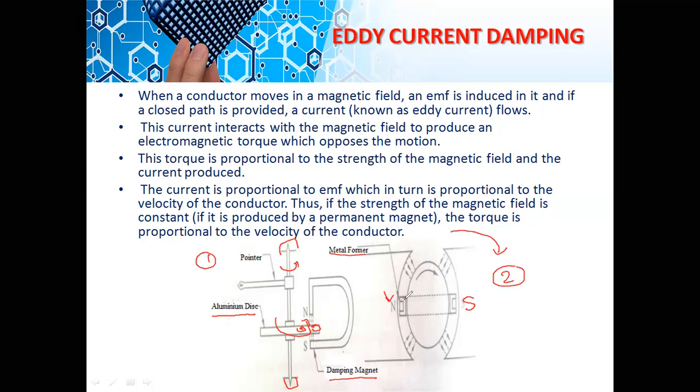So this metal former will act like a conductor. So in this metal former, you will have eddy current produced, and finally you will have opposition to motion of the spindle. Hope you are clear with the eddy current damping.